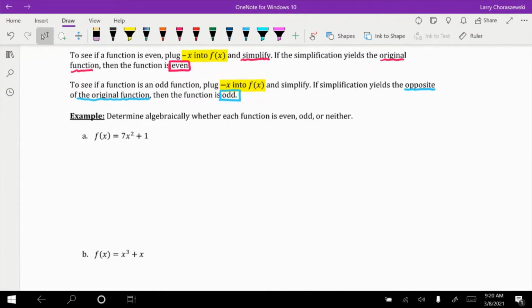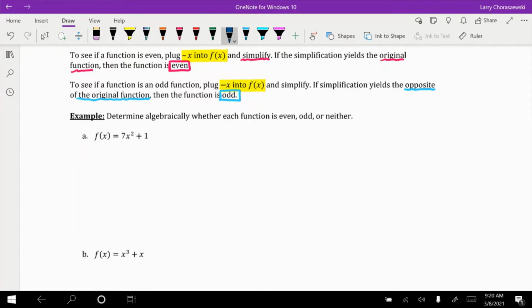So I'm going to show you a way of looking at all the different possibilities that we would get when trying to see if a function is even, odd, or neither. And I'm going to do this in a tabular format. I'm going to set up a table here, and the table is going to have 3 columns and 2 rows.